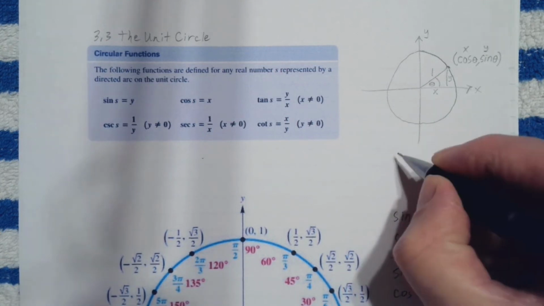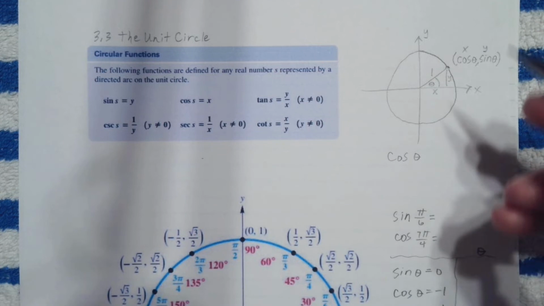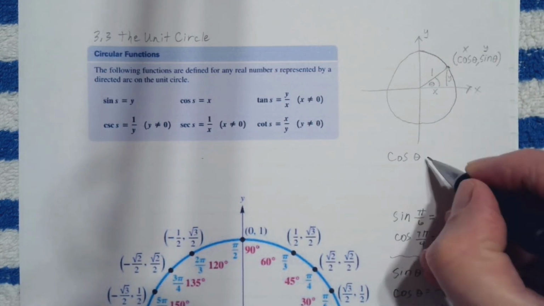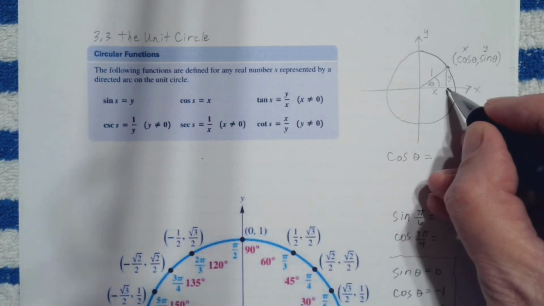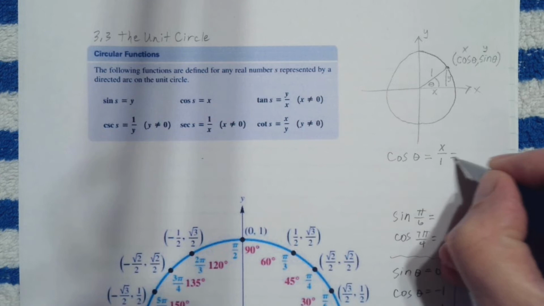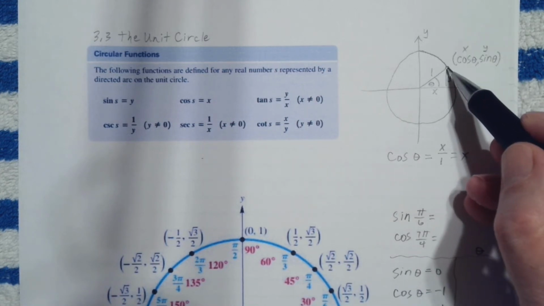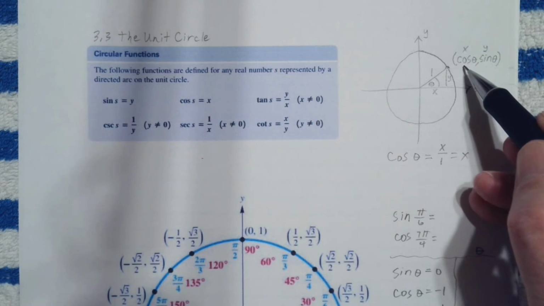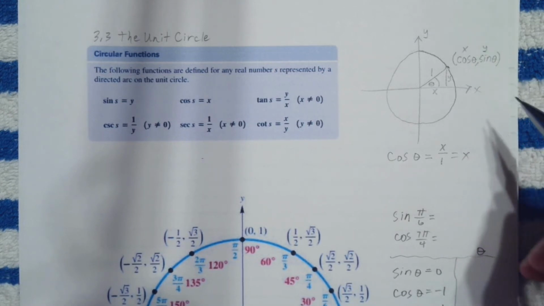Notice what happens if I want to find the cosine of theta on the unit circle. Well, cosine is the adjacent side, which here would be x, over the hypotenuse, which is 1, and you get x. And so you can see that the value of x at this point is the cosine of theta. And similarly, the value of y is the sine of theta.